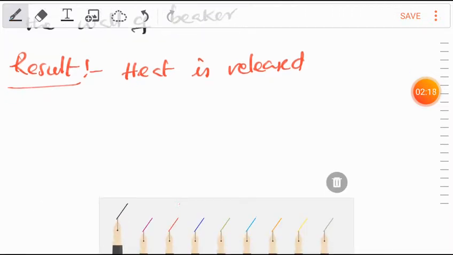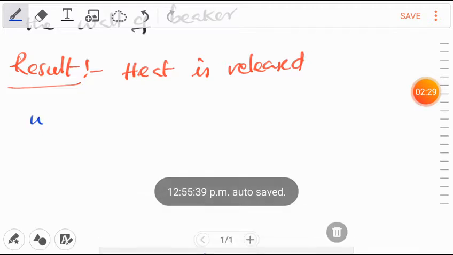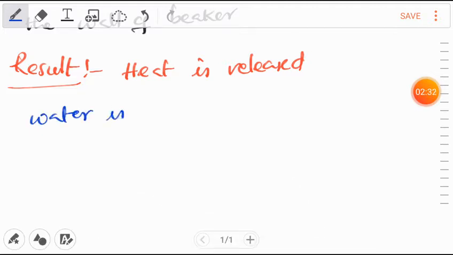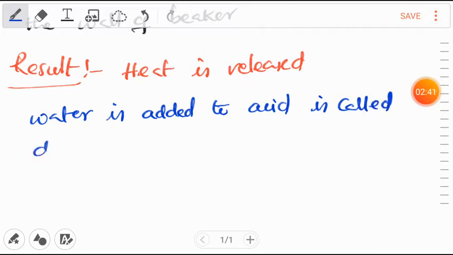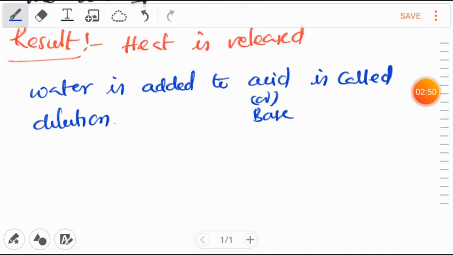We call it dilution. Water added to acid is called dilution. Acid or base also we can write. Acid or base is called dilution.